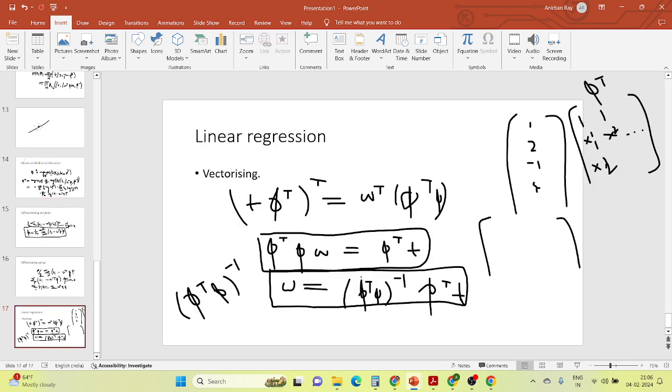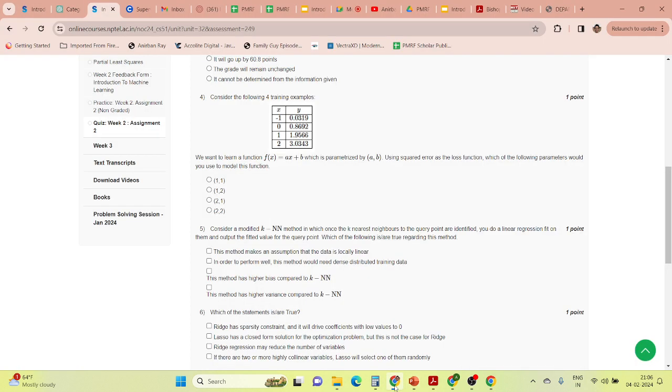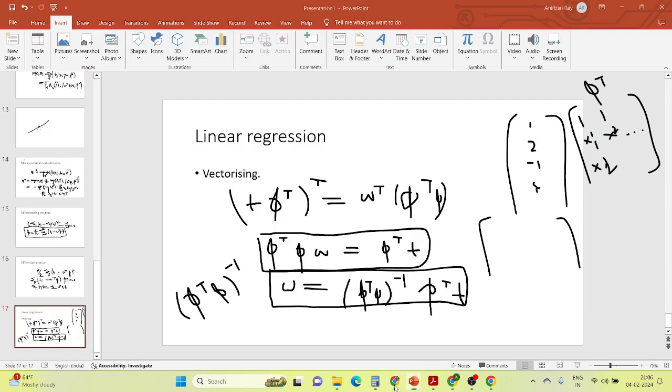Maybe a good exercise to understand the expression as well. You can use this expression. Phi is this one. So what it will be here, as you can see, phi will be here, let me write.